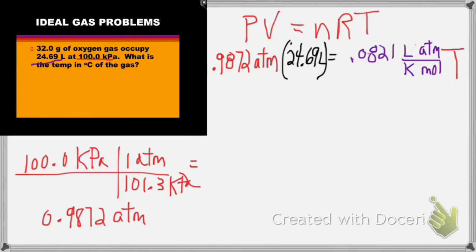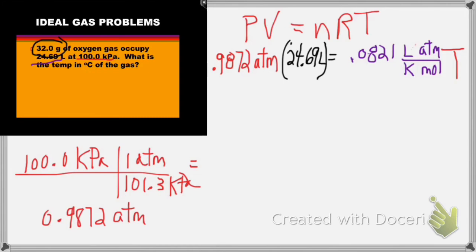And now we need n. A reminder that n is the number of moles. So we come over to our problem, and yes, we have more work. We were not given our information in moles, but in mass.